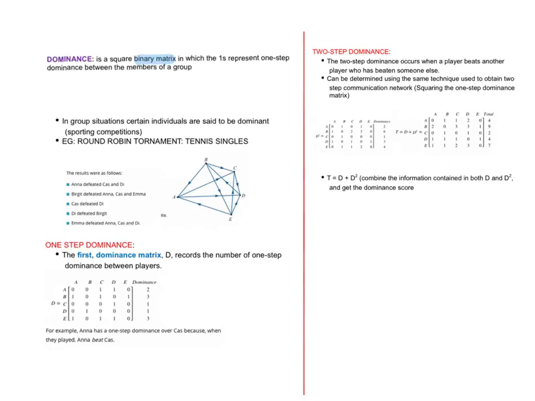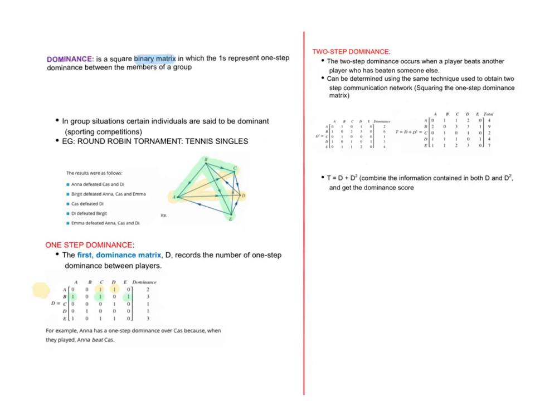If you look at A, A beat C and also beat D. So along here in this first matrix, we see a 1 on C and D. If you look at B, B beat E, they beat C, and they beat A, so we'll see a 1 on A, C, and E.